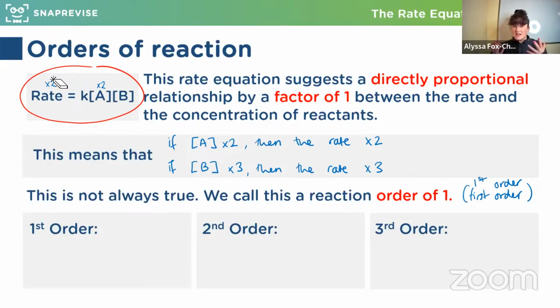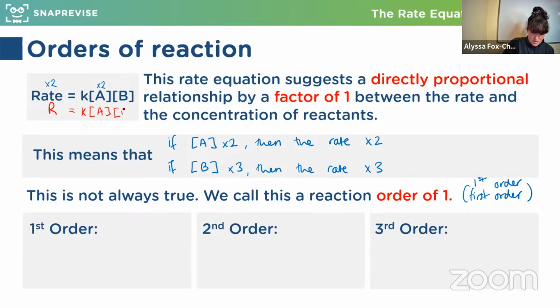Picture it, think of it like an algebraic equation. If you had x equals, no, let's call it r. R equals k, concentration of A, so that's a number A, and concentration of B, that's another number or algebraic value B. If I times A by 2, so I have 2A, because there is a direct relationship, I must have 2R as well.